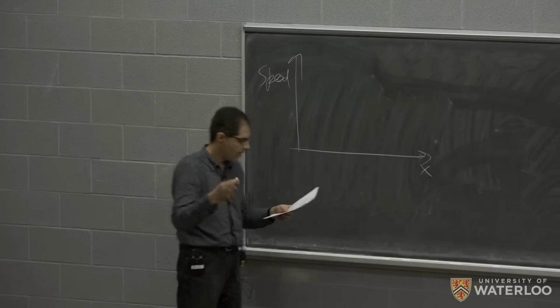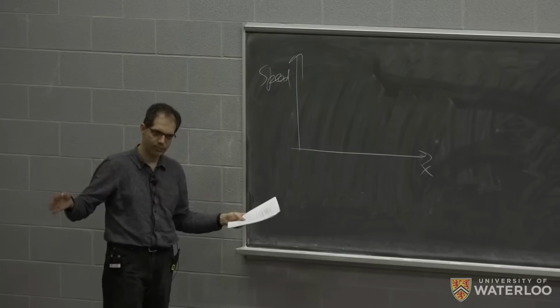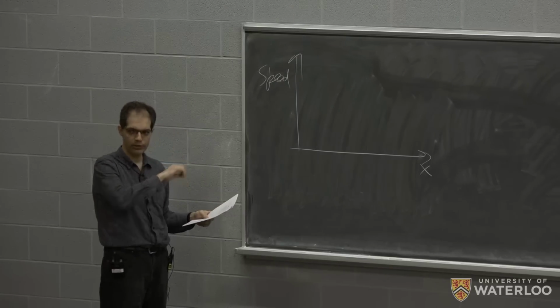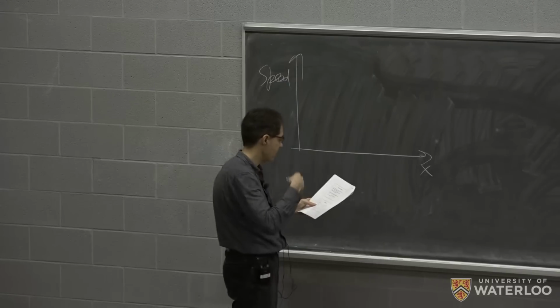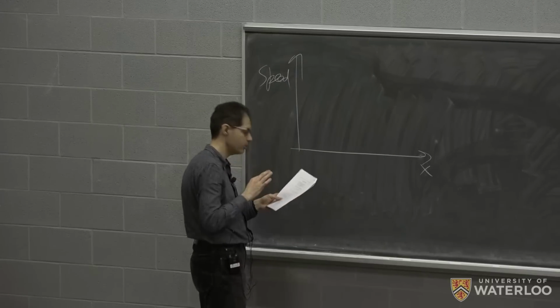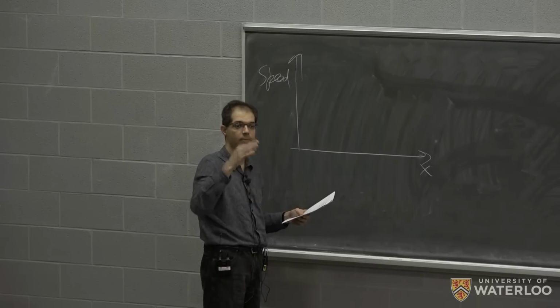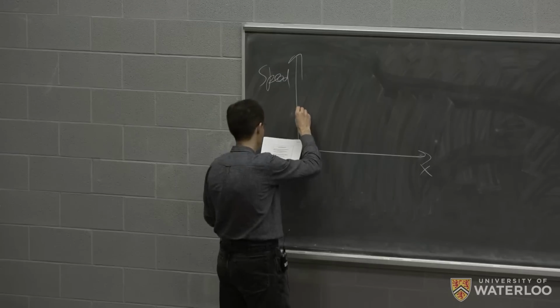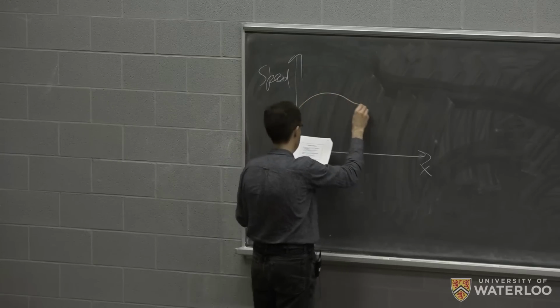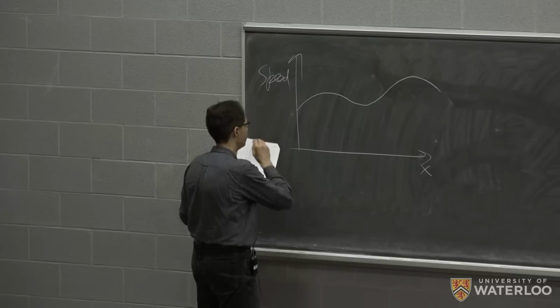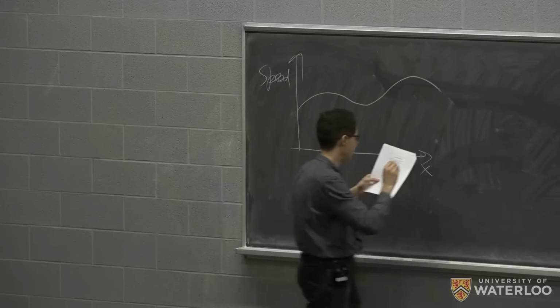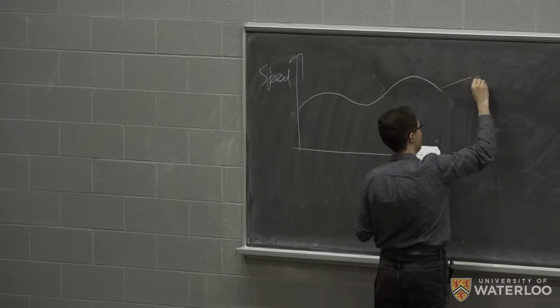Okay, so now we're going to learn a Gaussian process. And what I'm going to do is draw a curve that corresponds to the mean of this Gaussian process, and then some additional dotted lines that correspond to plus and minus 1 standard deviation. Okay, so let's say that this is the mean of my Gaussian process, so that means m of x.